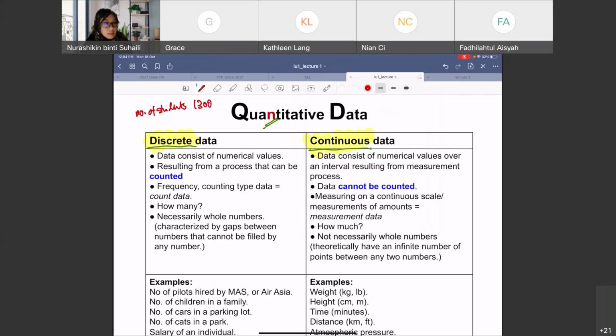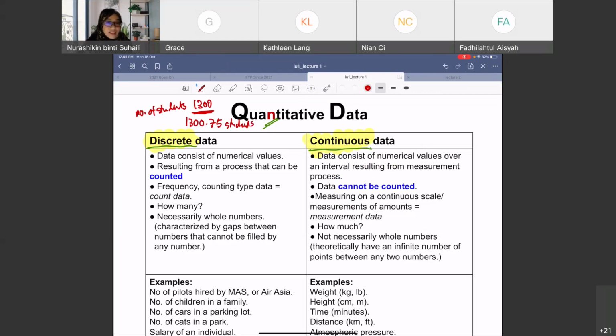Okay. So this kind of number is a type of discrete data. So why do I say it's discrete? We don't have 1,300.75 students. Does it make sense?